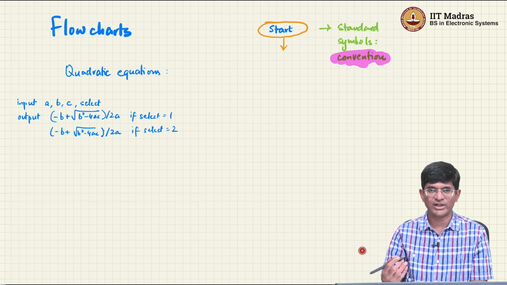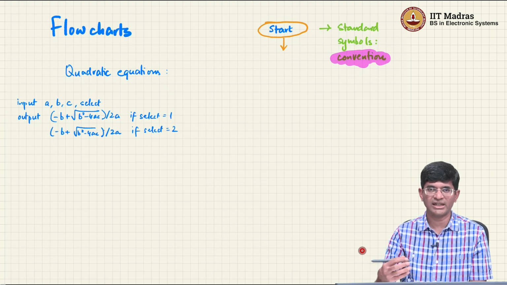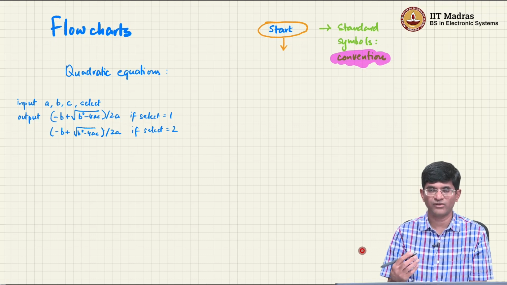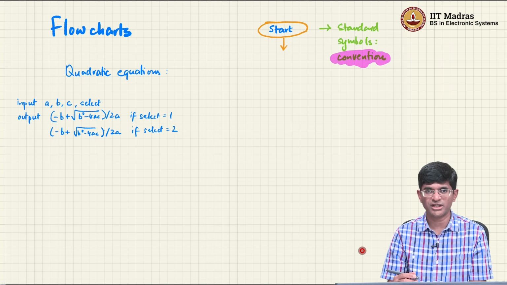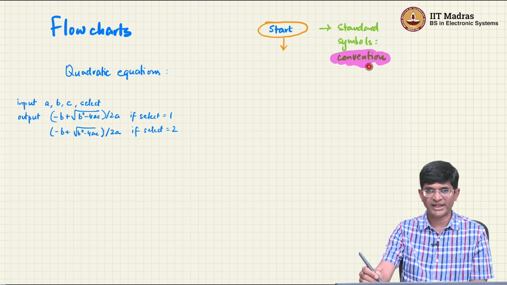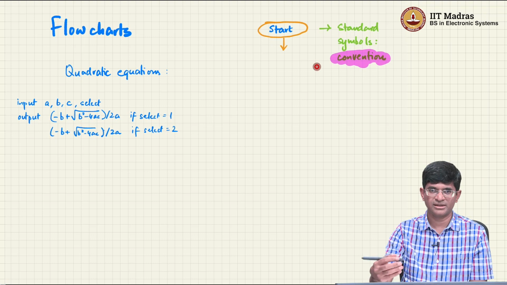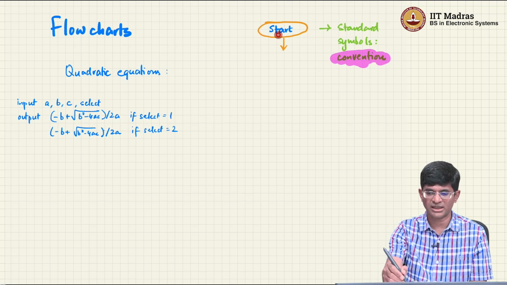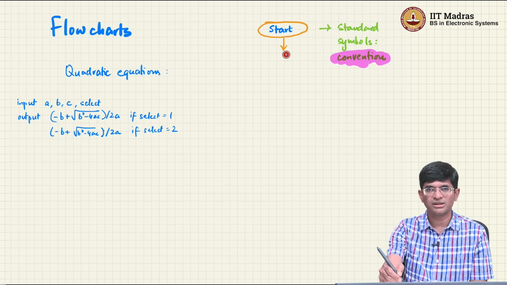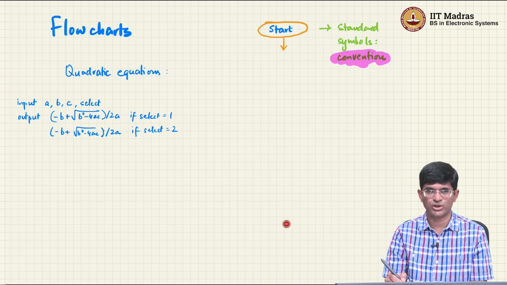The point is that is actually secondary, right. There is a reason why those conventions were used, because on relatively large flowcharts it makes it easy to identify where you have conditions, where you have input or output, where you have just processing or computation being performed and so on. So, I will try and stick to the standard symbols as far as possible, but the main point to keep in mind is not so much what symbols are used, but rather the process by which we construct the flowchart.